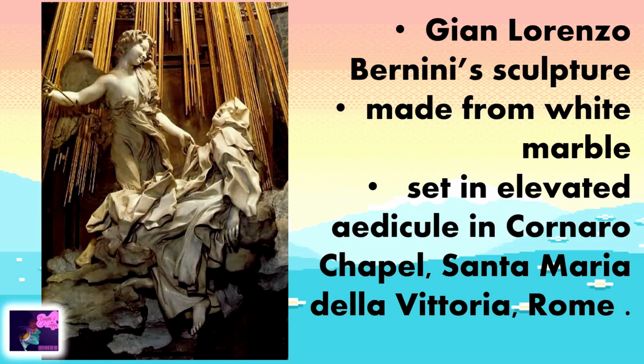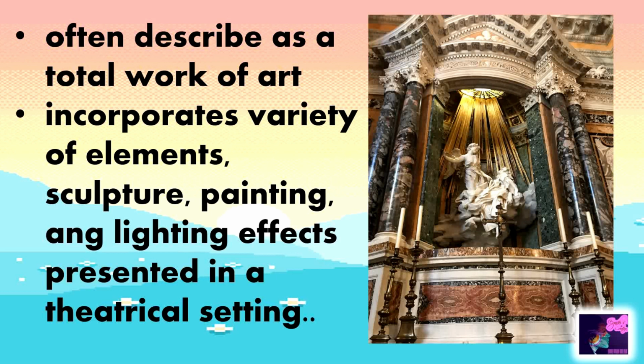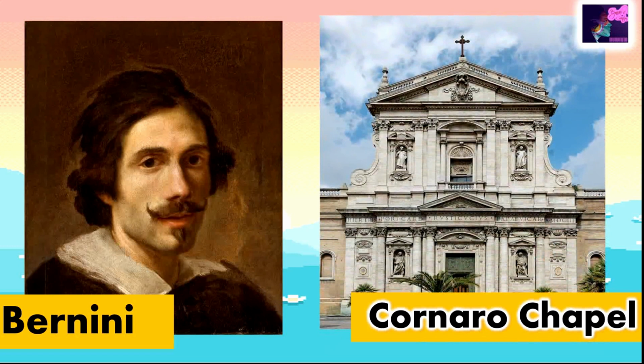It sets in an elevated aedicule in the Cornaro Chapel, Santa Maria della Vittoria in Rome. Often described as a total work of art, it incorporates a variety of elements: sculpture, painting, and lighting effects presented in a theatrical setting. Here is the artist Bernini, and this is the Cornaro Chapel in Santa Maria della Vittoria, Rome.